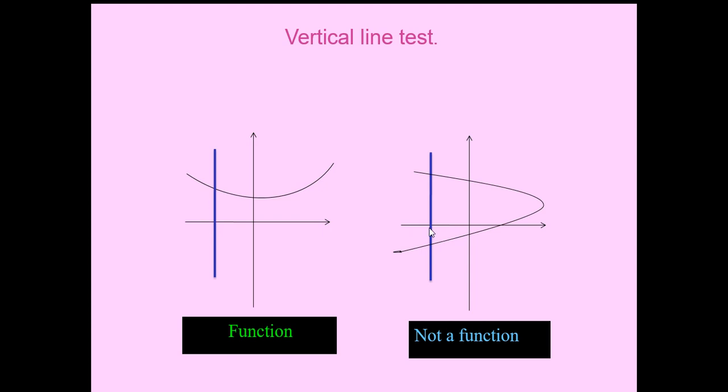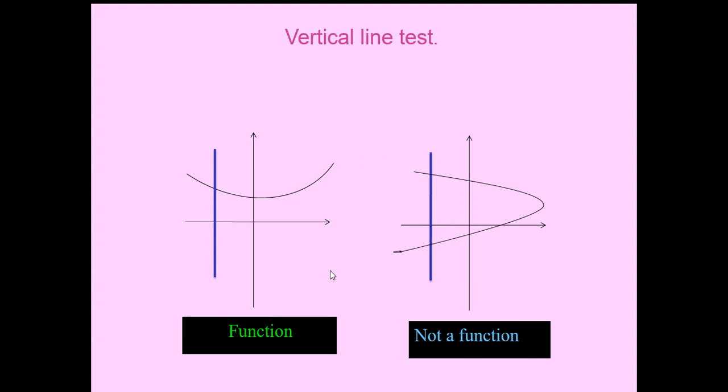But here, if I look at this x, it has two y's, so that's why it's not a function. All the time, when I do the vertical line test, the line should cut the graph in exactly one point, so it's a function. If it cuts the figure in more than one point, it's not a function at all.